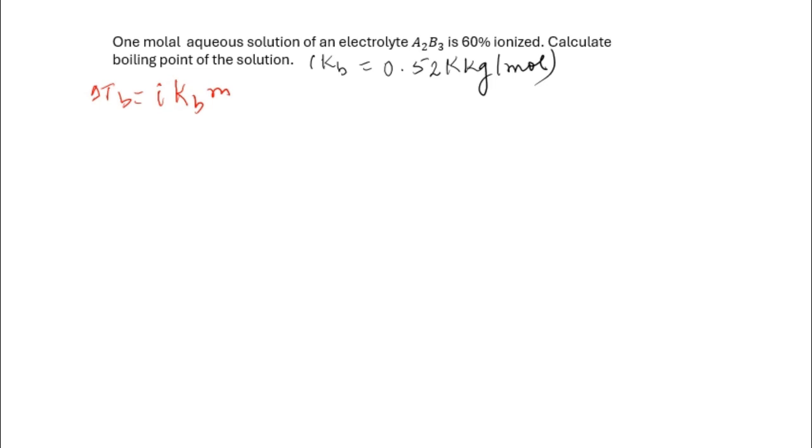Now this is because in an electrolyte, the molecules will undergo dissociation, for which the equation is A2B3 giving you 2A plus 3B, which means 1 mole of A2B3 dissociates to give 2 moles of A and 3 moles of B. At time 0, let us begin with 1 mole of A2B3 where A and B are 0.